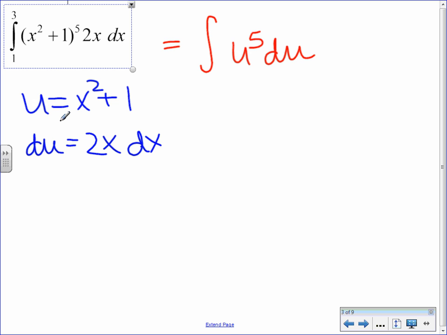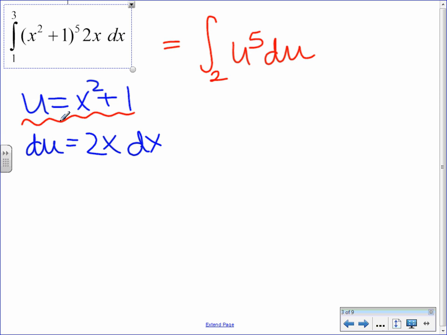Well, you can also, instead of changing it back to x and then plugging in your values, change your limits of integration to match u. So this 1 to 3 goes with x, x squared plus 1 to the 5th 2x. Well, let's change them to be in terms of u. So if u is x squared plus 1, when x is 1, what does that make u?